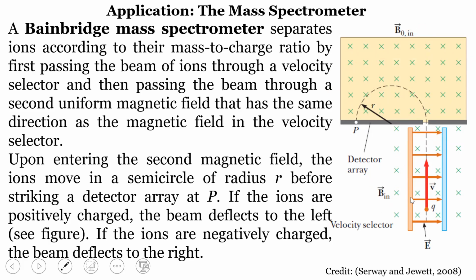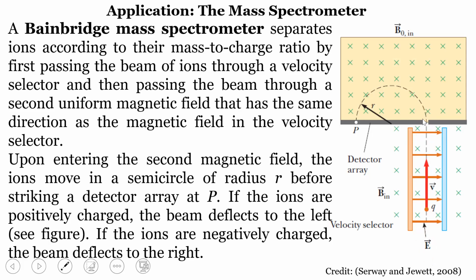So the velocity selector here starts the work by ensuring that the particles that are coming in have a definite velocity. The particles with definite velocities enter the second region through this opening.